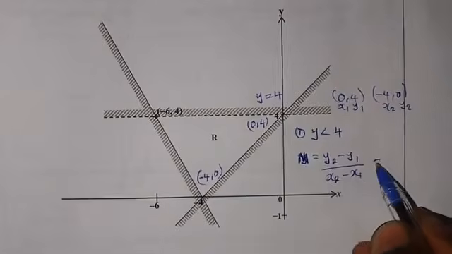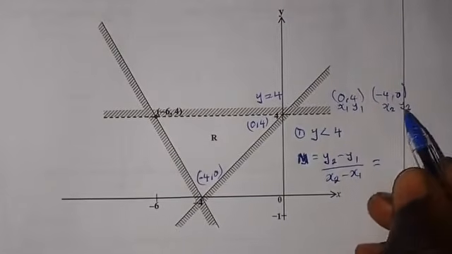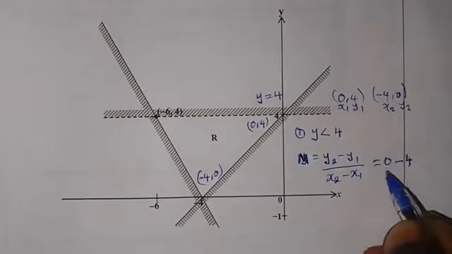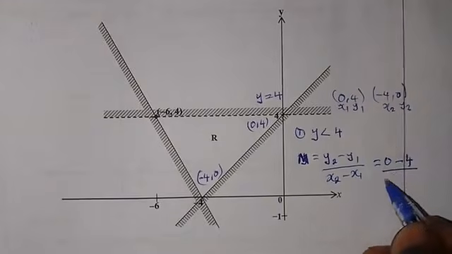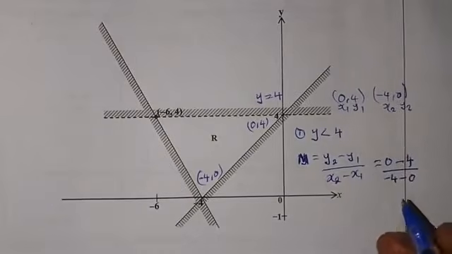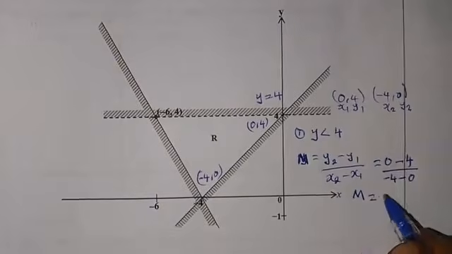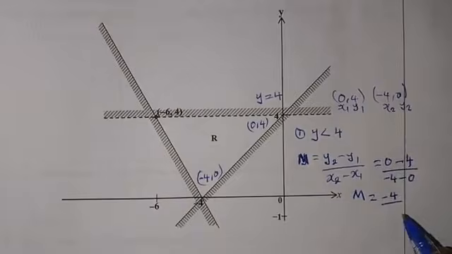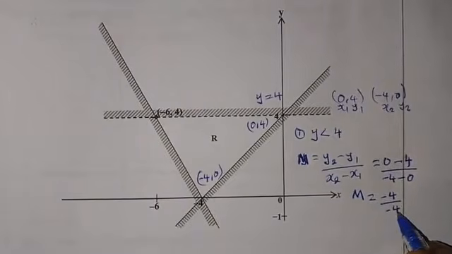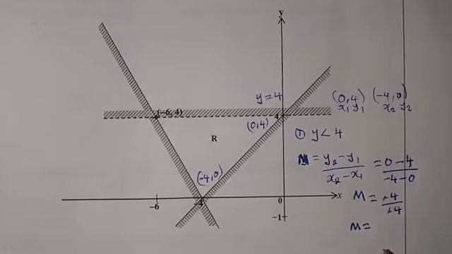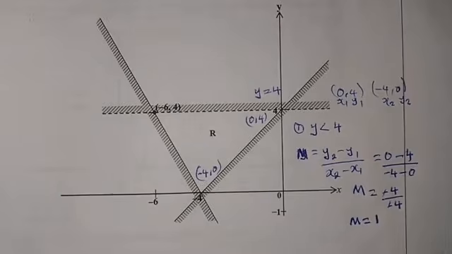Substituting, where there is y2 we put 0 minus y1, which is 4, over x2, which is -4, minus x1, which is 0. So the gradient is 0 minus 4, which is -4, over -4 minus 0, which is -4. We can cancel, 4 into 4 is 1. So the gradient there is 1.